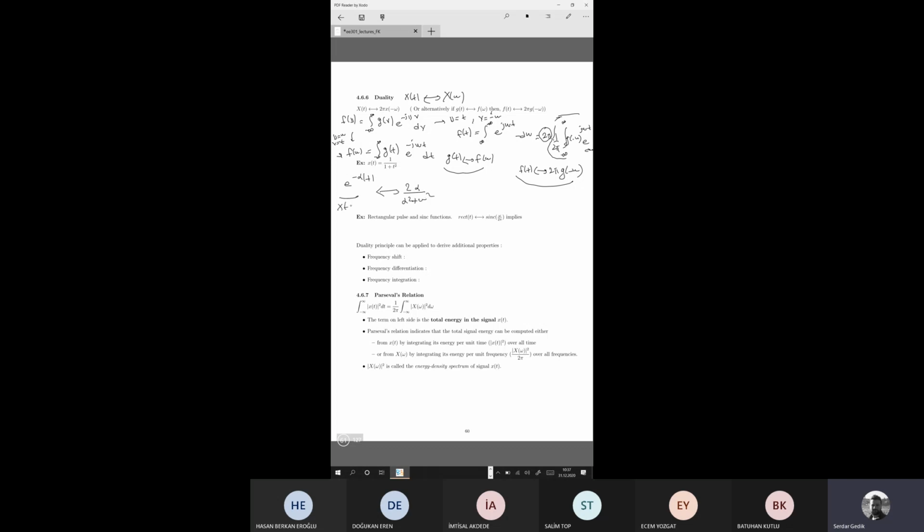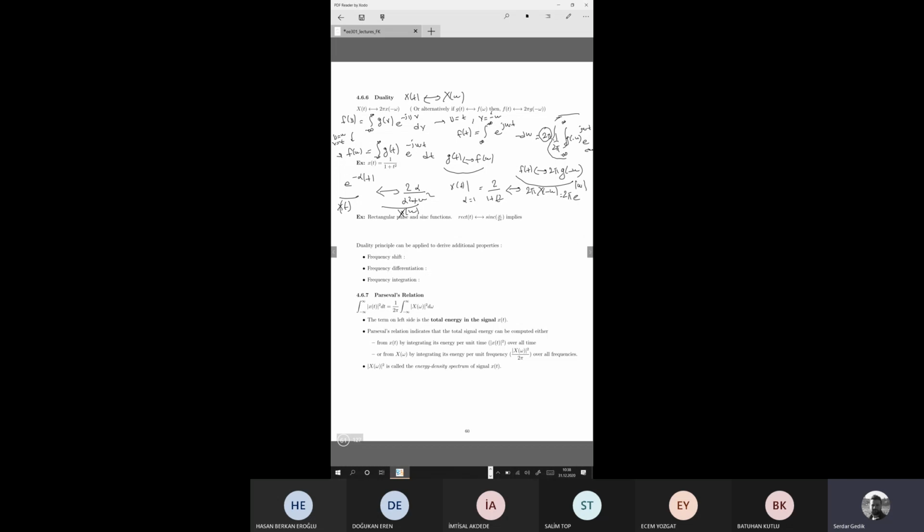So this is my x(t), and this is my capital X(ω). If α equals 1, x(t) is nothing but 2 over 1 plus t squared, and this is the Fourier transform of 2π x(-ω), which is 2π e^(-|ω|).